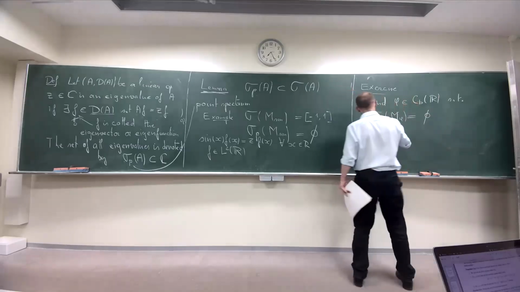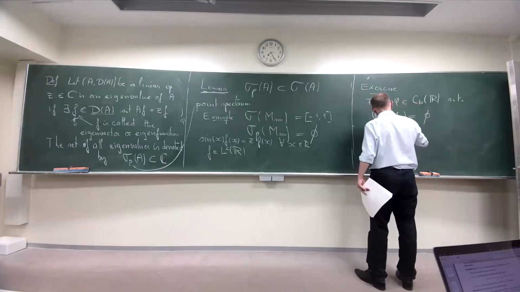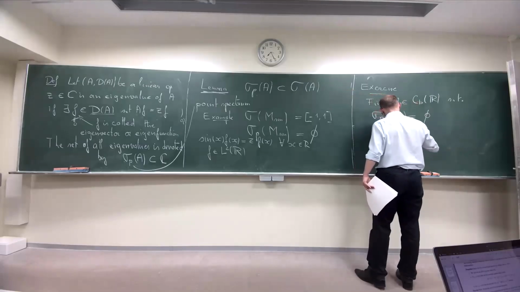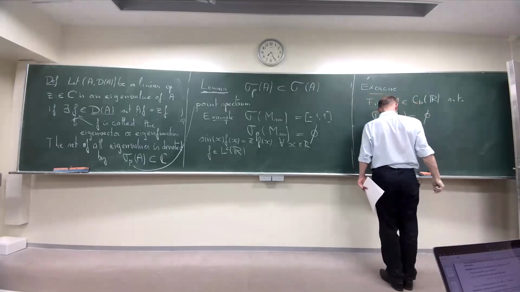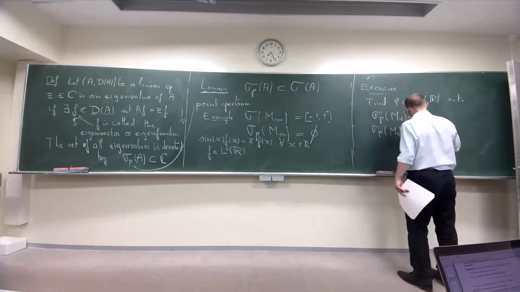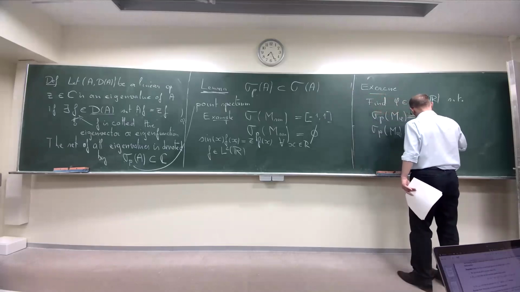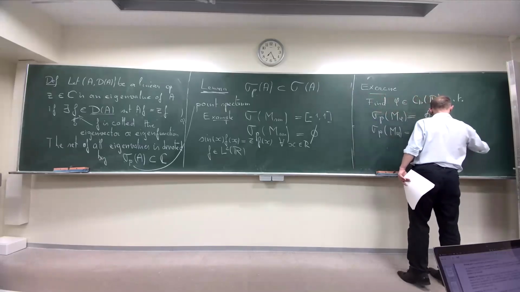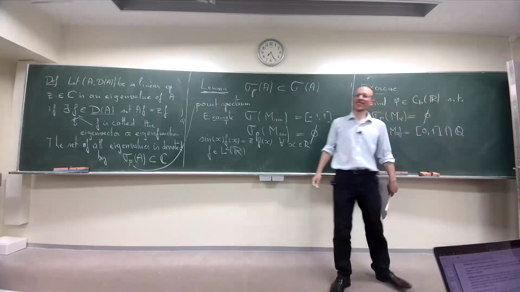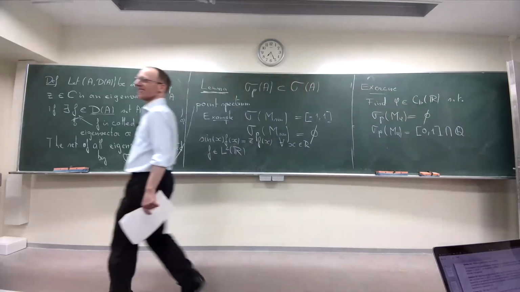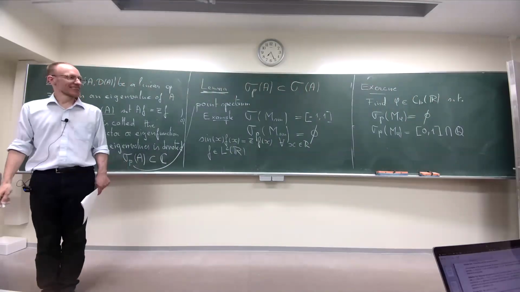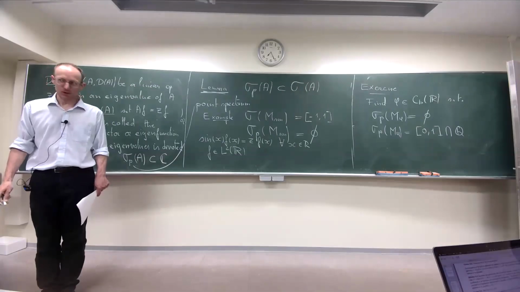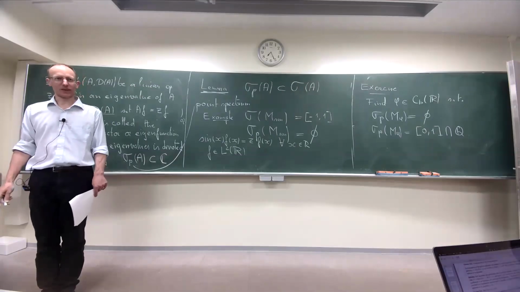And let me make it even more difficult. The point spectrum of M phi is zero, 1 intersection with Q. This is more challenging. Find a function such that the point spectrum of this multiplication operator.